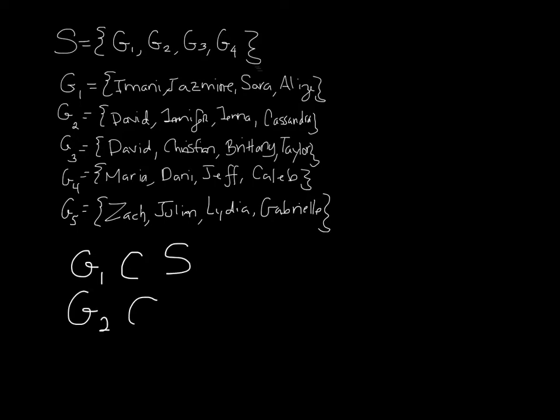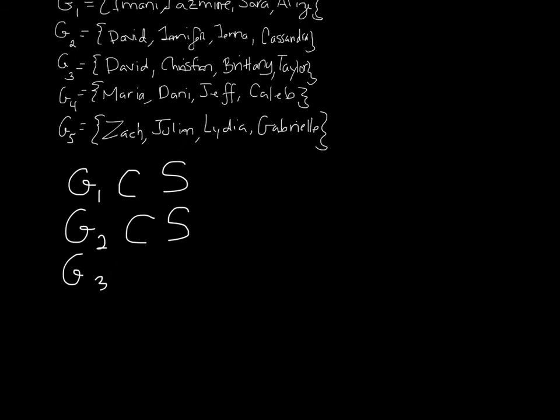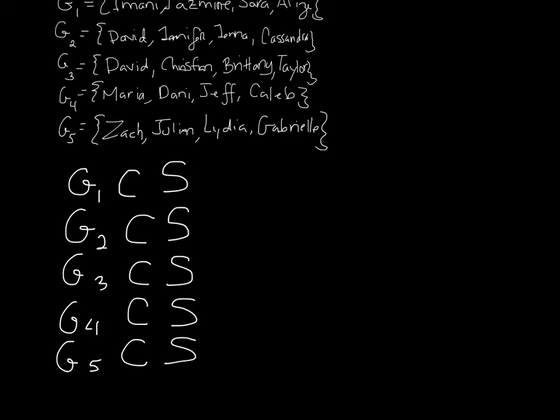G2 is also a proper subset of S. G3 is a subset, but specifically, we know it's not equal to S, so it is a proper subset. G4, group 4, is a proper subset, and G5 is a proper subset.